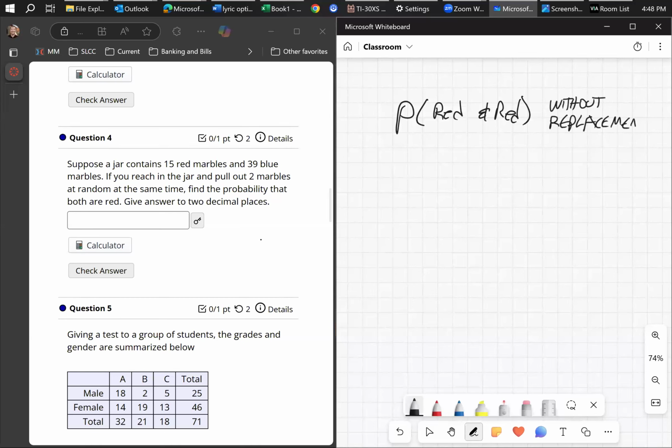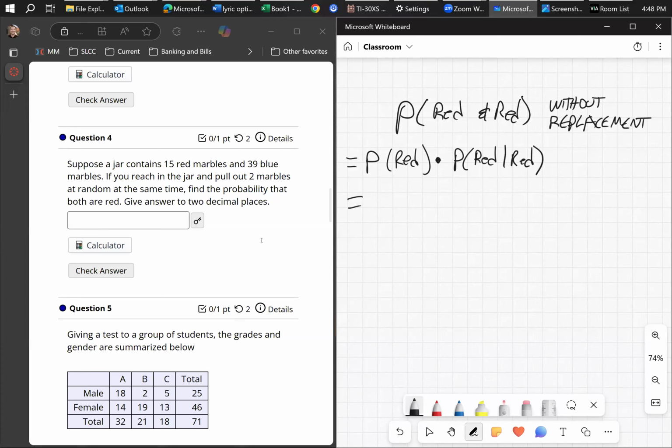So this is a without replacement problem. So the "and" is a multiplication, and that's our rule. However, we have a nicer way to do this, just thinking about it.